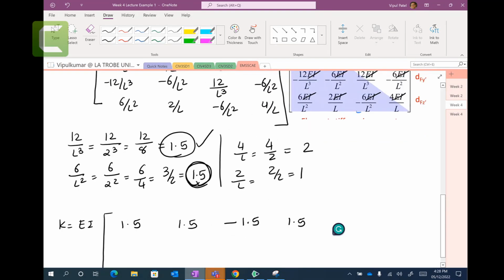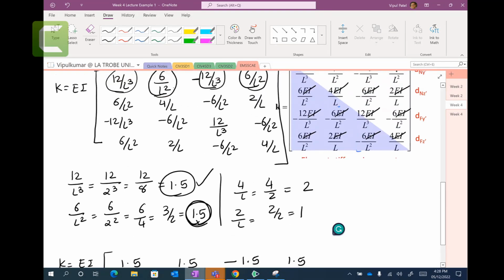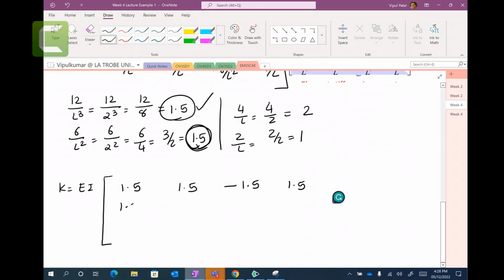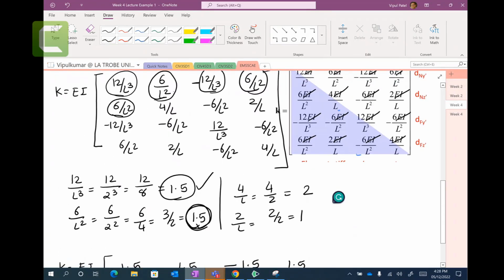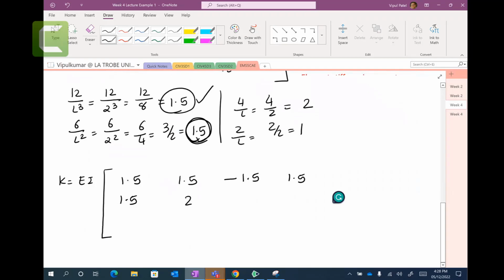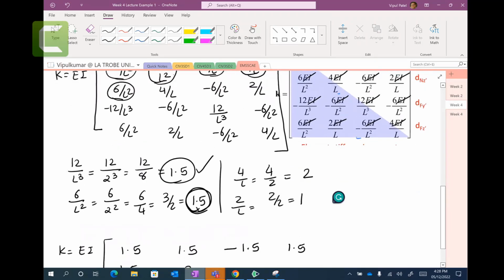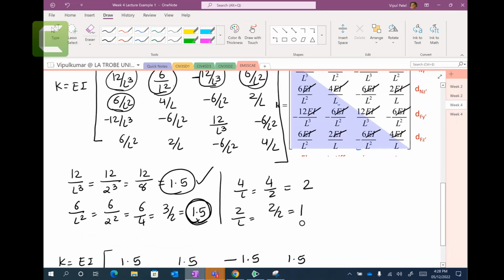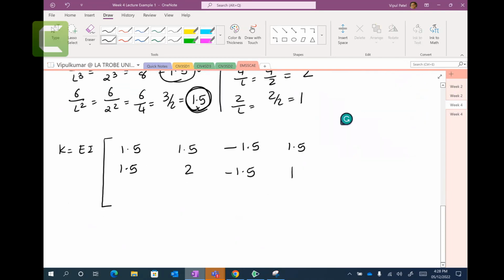Thank you for pointing it out. So far so good. 6 on L square, 1.5. 4 on L, 2. Minus 6 on L square, minus 1.5. 2 on L, 1.